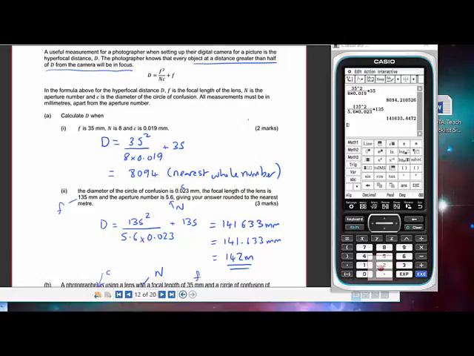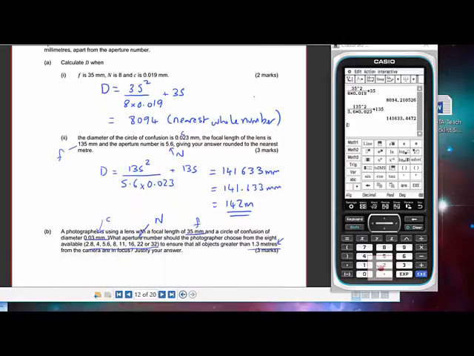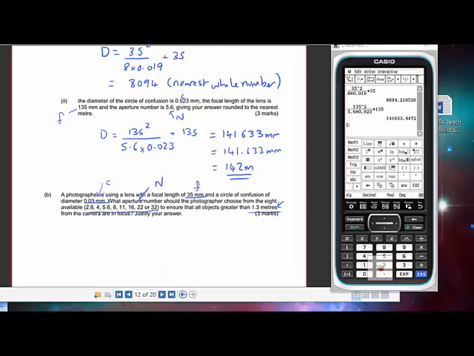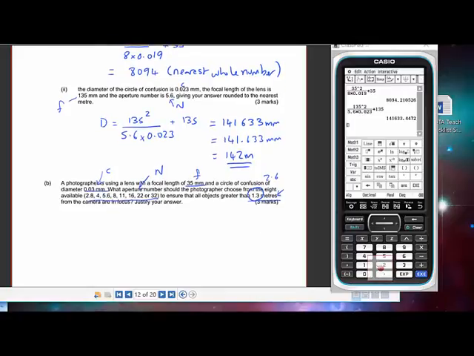So what we need to do is double D, so that if we use 2.6, then half of D will be the 1.3 required. And note that's in meters, so we need to convert to millimeters.